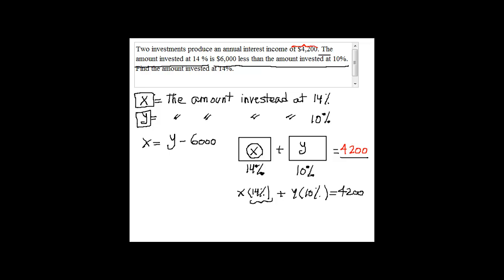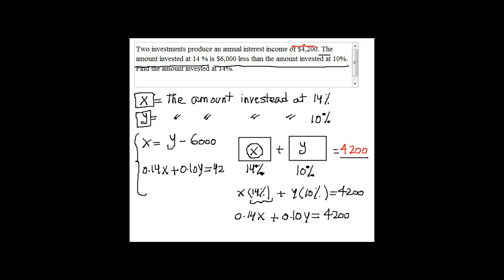So the first account gives you 0.14x. The second one would be 0.10, that's 10%, y is equal to 4,200. So that is the second equation that I needed, which I can put right here: 0.14x plus 0.10y is equal to 4,200.